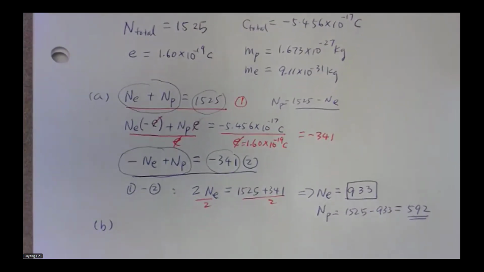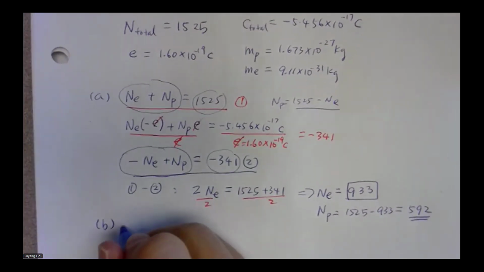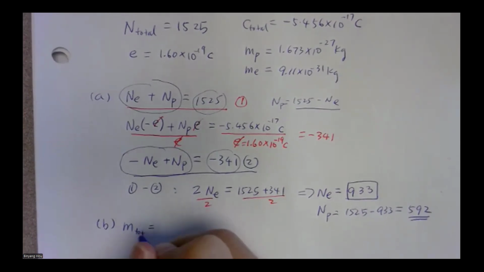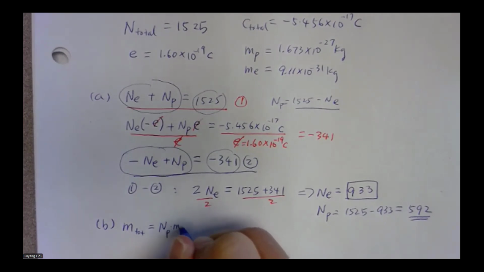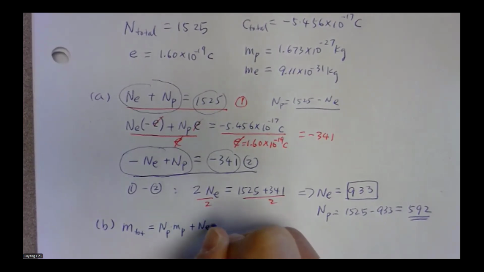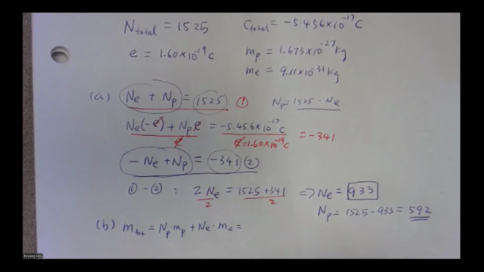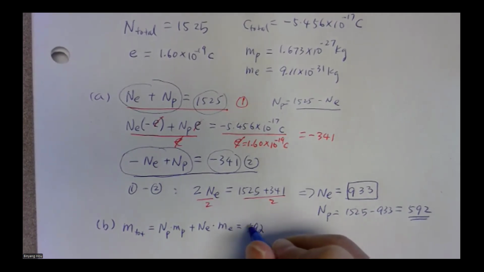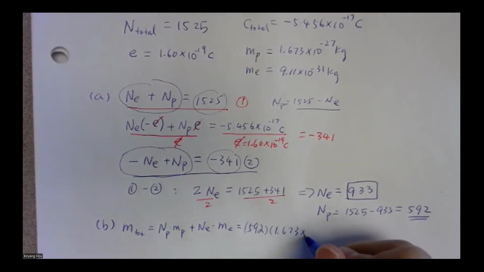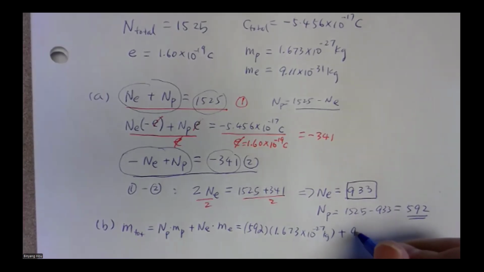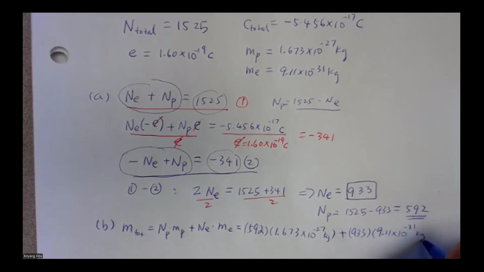Then we can calculate the total mass. The total mass should be equal to MP times mP plus NE times mE. So 592 times 1.673 times 10 to the minus 27 kg plus 933 times 9.11 times 10 to the minus 31 kg.